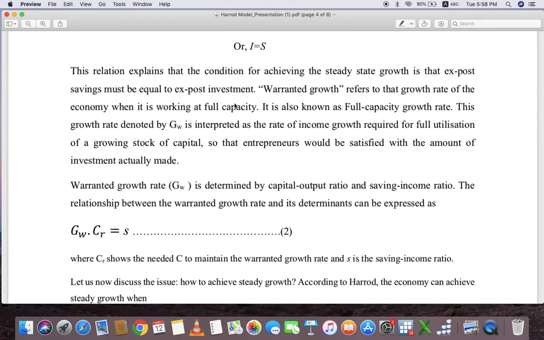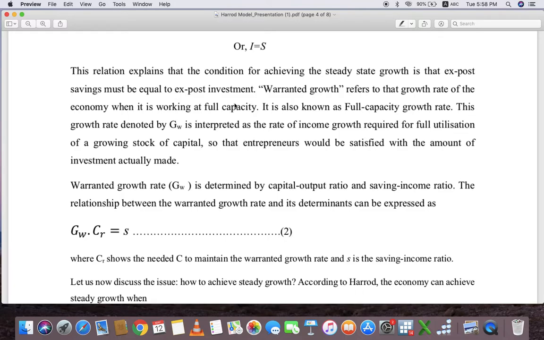Warranted growth rate refers to the growth rate when the economy is working in its full capacity. So, therefore, it is also known as full capacity growth rate. This growth rate is denoted by GW and is the rate of growth of income required for full utilization of the growing stock of capital, so that investment is at its optimum level and entrepreneurs are satisfied with that level of investment.